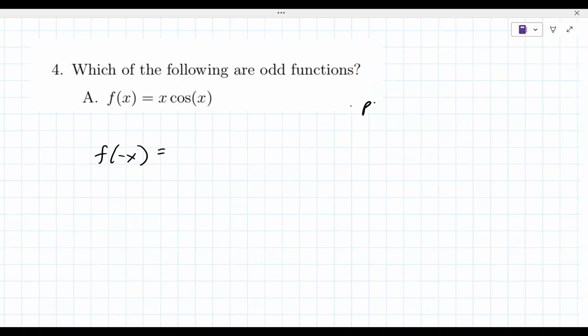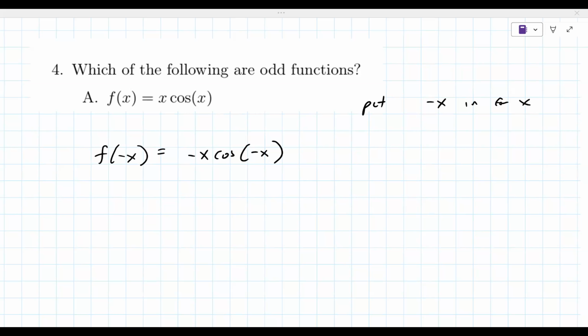So you put negative x in for x, which gives you negative x cosine negative x. Is that all right? Sorry, I'm looking at this. We did not do this in class and it's on a study guide.